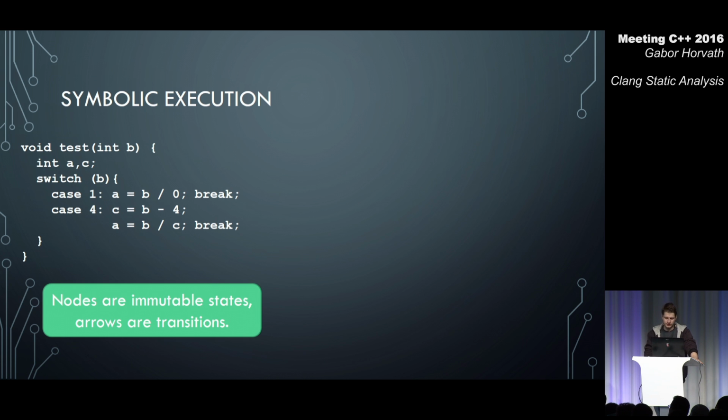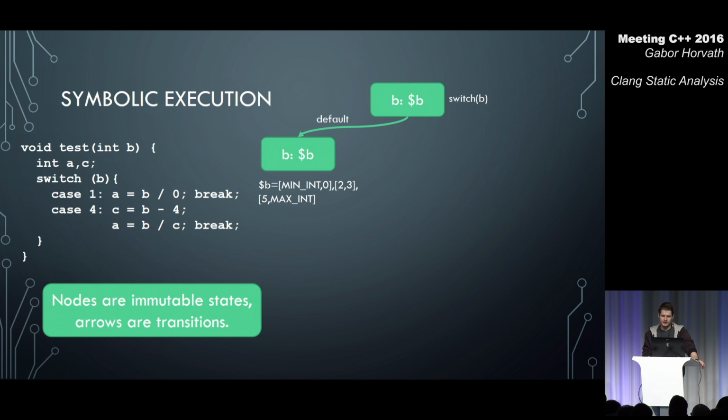There is a piece of code, and when we try to execute this function symbolically, we try to interpret it. At first, we have no information about what the value of the variable b is, so we represent this as a symbol. There is an uninteresting branch there, where the value of b can be anything but 1 or 4, and nothing interesting happens in this case.